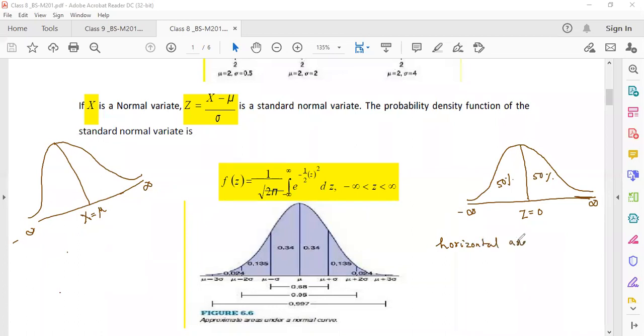Horizontal axis in both cases are asymptotes of the normal curve, normal or standard normal curve. Note it down. Very important point.